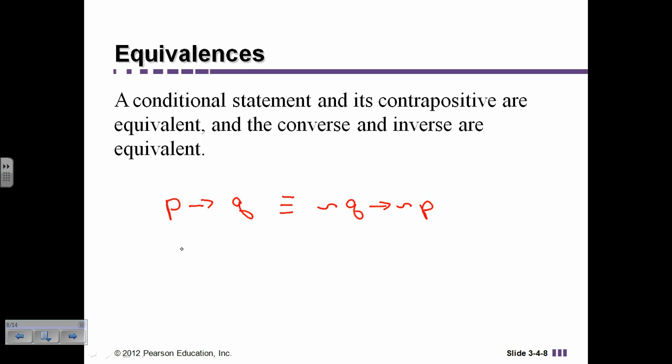And in the opposite, the converse, which is Q implies P, is equivalent to the inverse, which is not P implies not Q. So that's all this is saying here with the equivalencies.